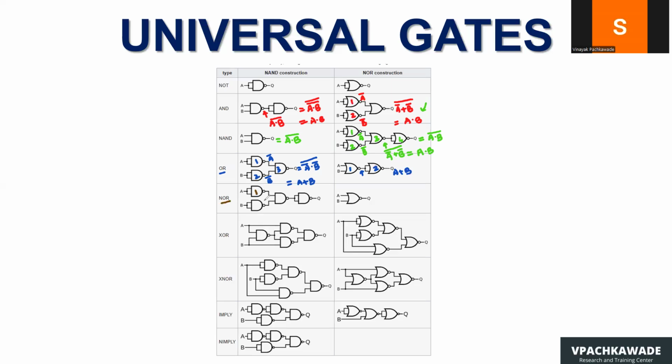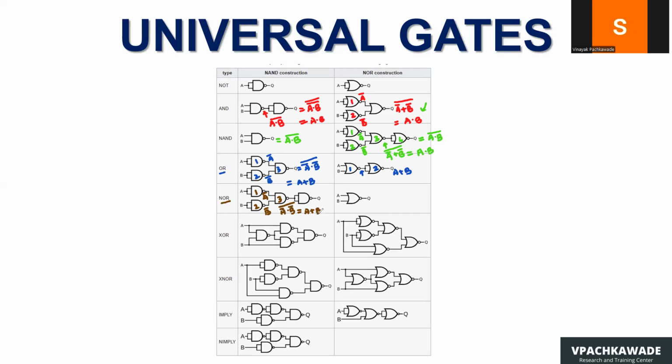Now, we want to implement a NOR gate using only NANDs. So first gate, output here is A bar. Second gate, output here is B bar. Here, gate number 3, that is the two input NAND. So the output here is NAND of A bar and B bar, and this expression is nothing but A or B after De Morgan's law applied.